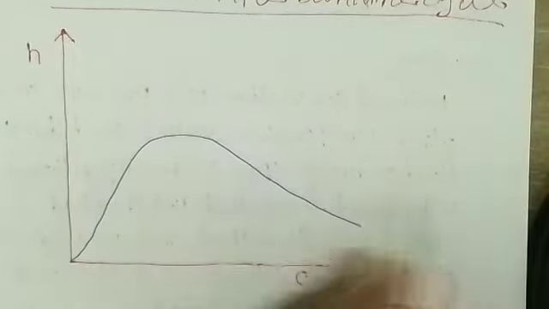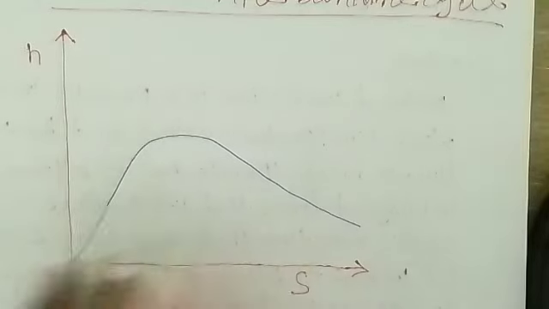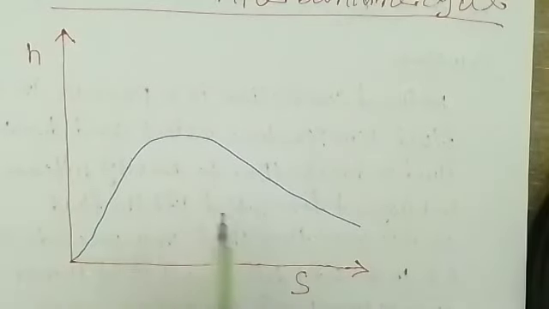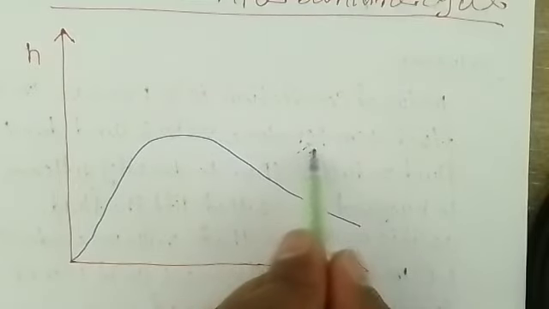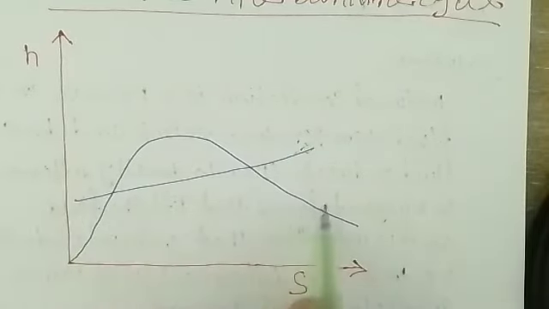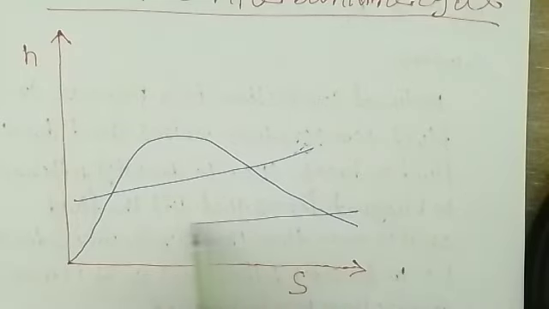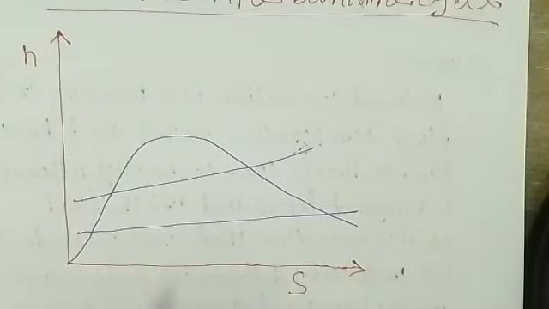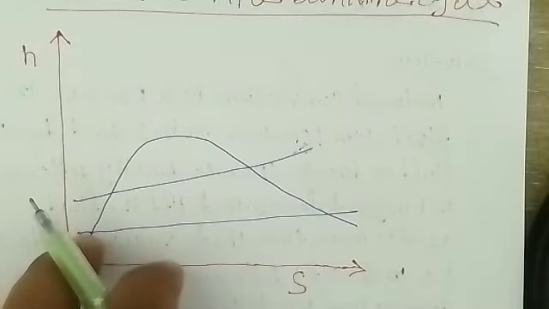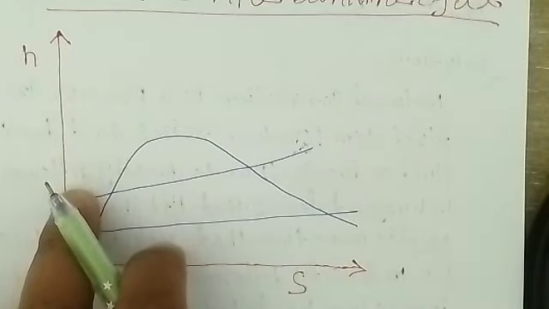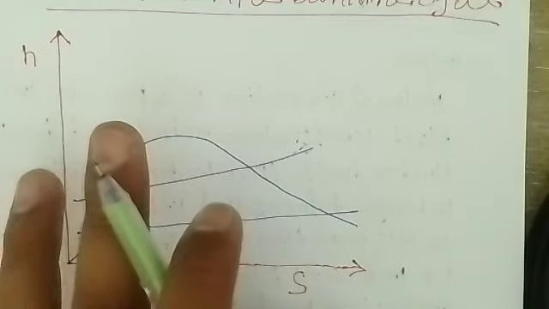Two constant pressure lines we have to draw, one for the boiler and one for the condenser. So let's say this is for the boiler, and this will be for the condenser, right? Same as before, you have expansion in a turbine, condensation in a condenser, compression in a pump, and heat supplied in a boiler, right?